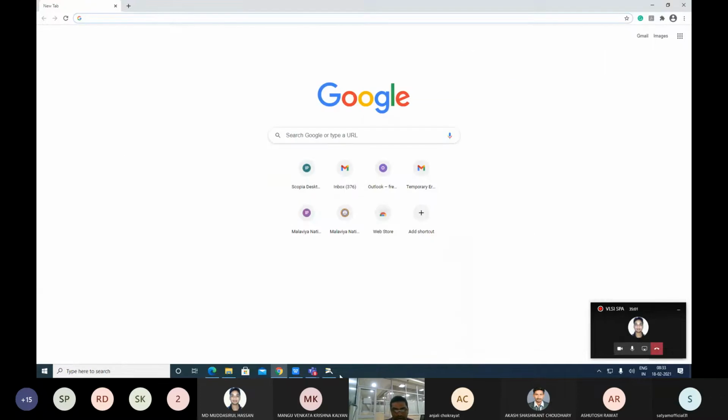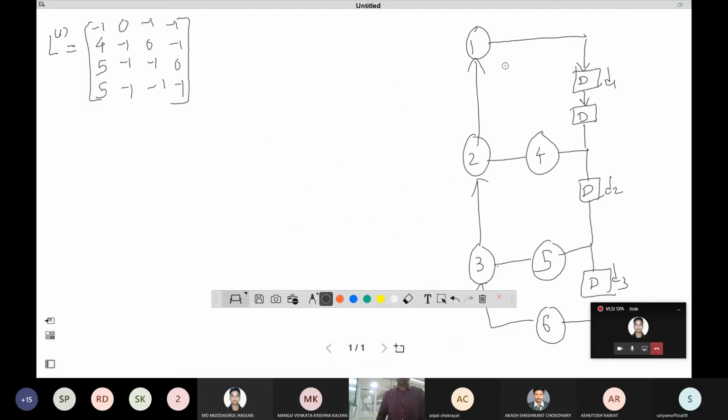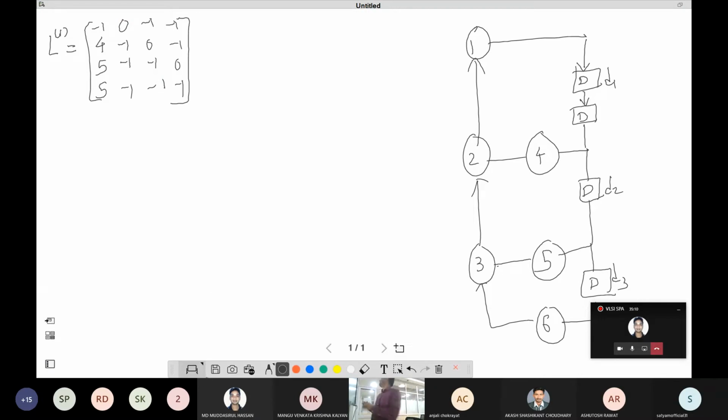So I am just writing that. Okay, now try to solve this. So here the delay is defined as 1 and here it is 2. Now we need to find out the iteration bound for this particular graph.